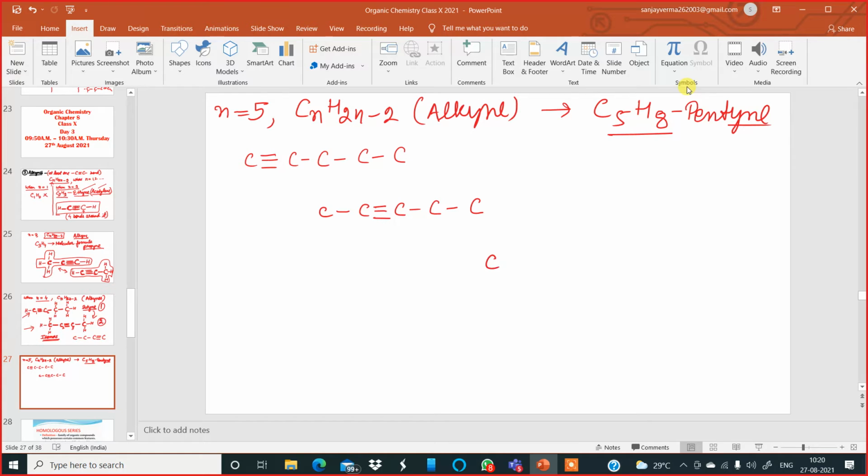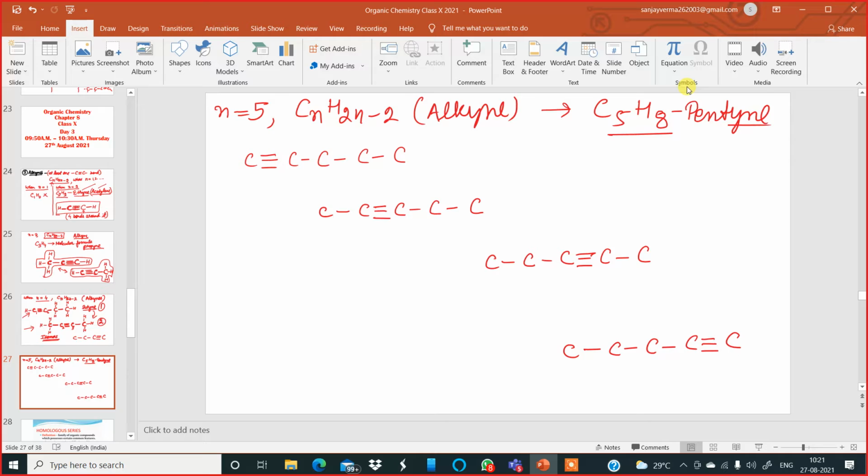Another example: here I'll put the triple bond between the third and fourth carbon. One more: here I'll put the triple bond between the fourth and fifth carbon. Am I clear?